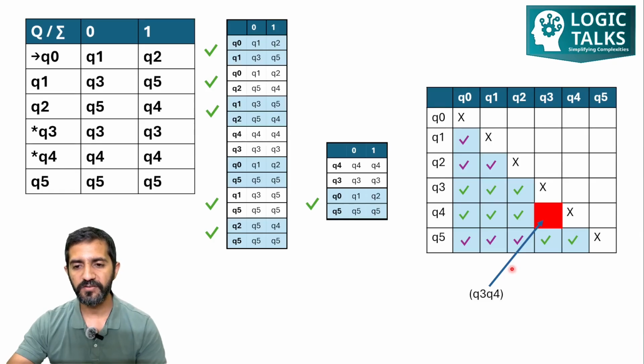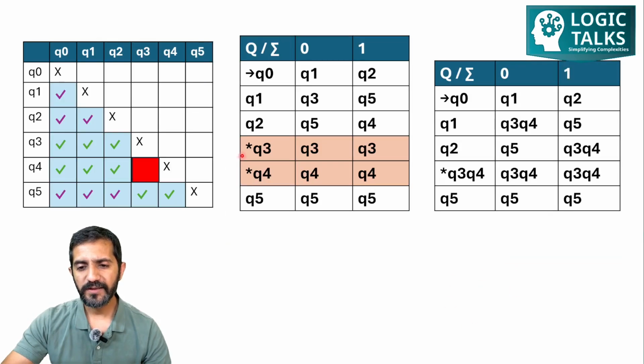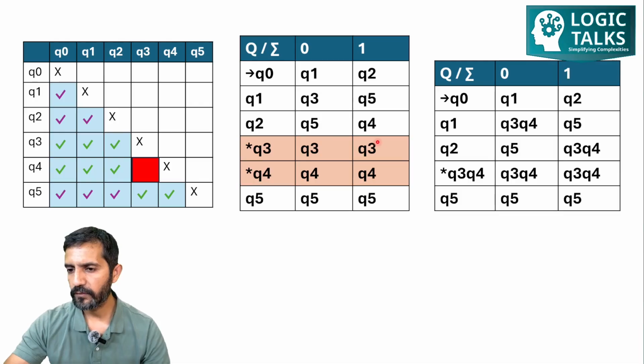Okay, so we will be merging these two states now. In merging, what we have to do, let us see, we are having these two states that are to be merged. So we will just merge them like this, Q3, Q4. Means both these rows will be merged. Okay, merged.